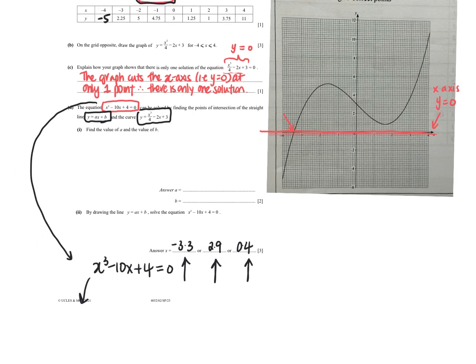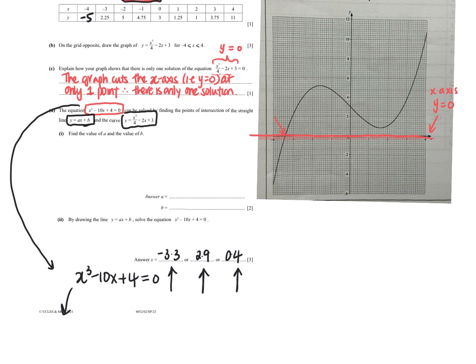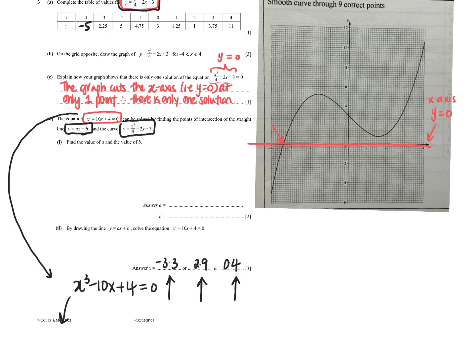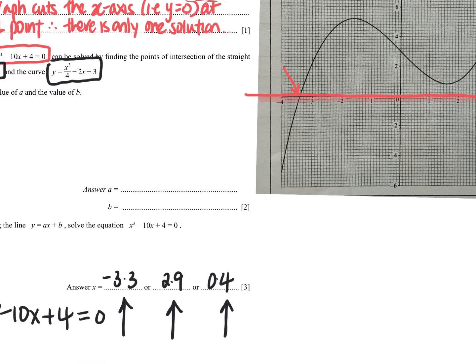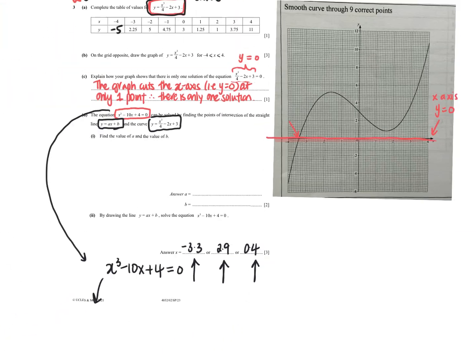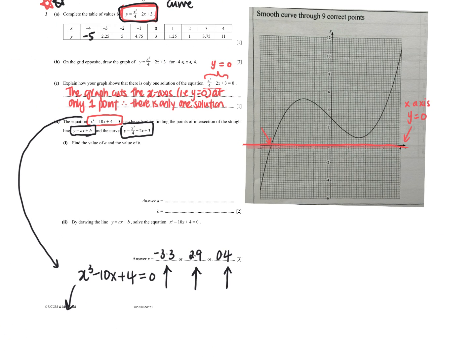So how? These 3 points, minus 3.3 is here. Okay, wait, minus 3.3. I erase off that red line first. 3.35?